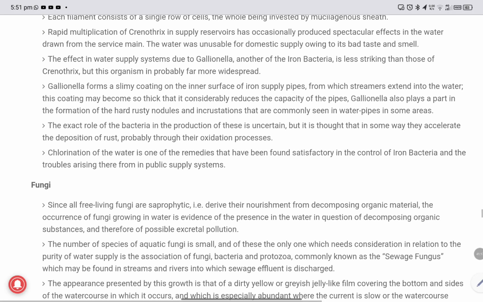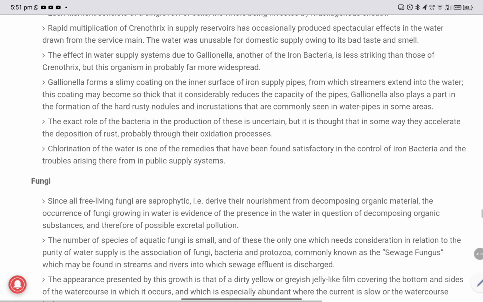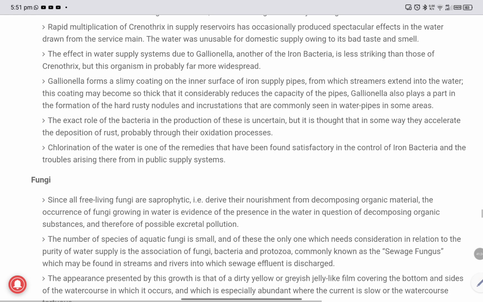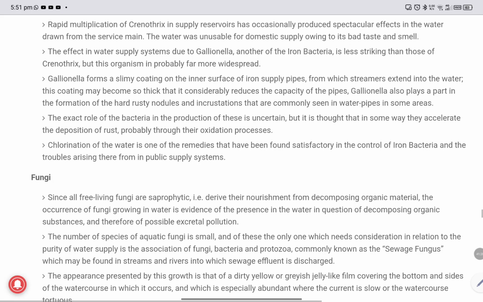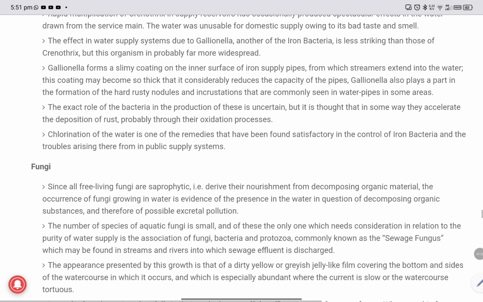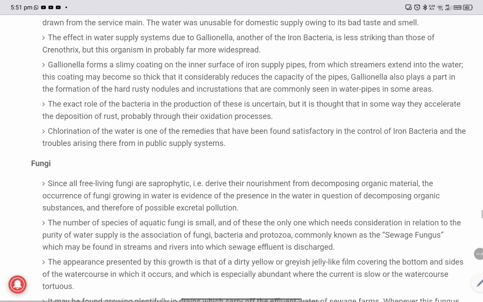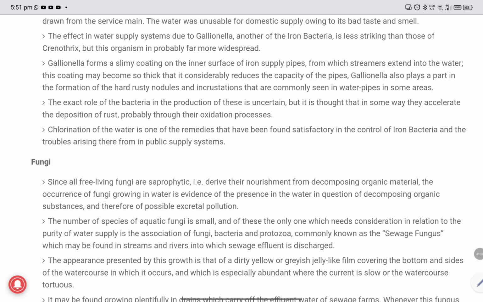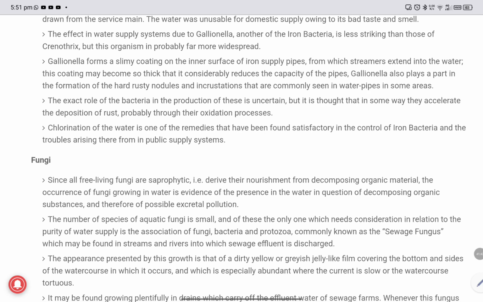The effects in water supply systems due to Gallionella, another of the iron bacteria, are less striking than those of Crenothrix, but this organism is probably far more widespread. Gallionella forms a slimy coating on the inner surface of iron supply pipes, from which streamers extend into the water.